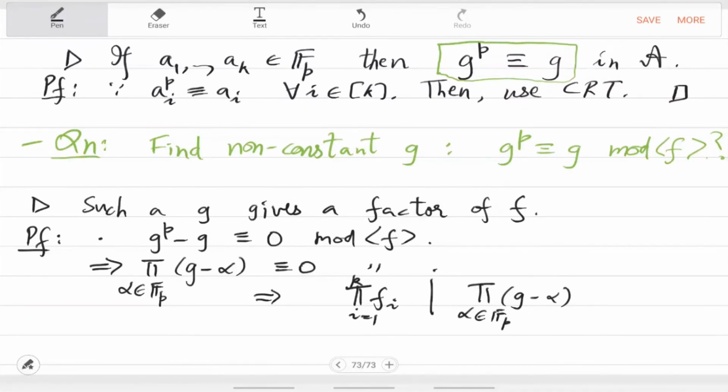So basically you try to take GCDs, try the GCD of f with g minus alpha with respect to the x variable, for all alpha.